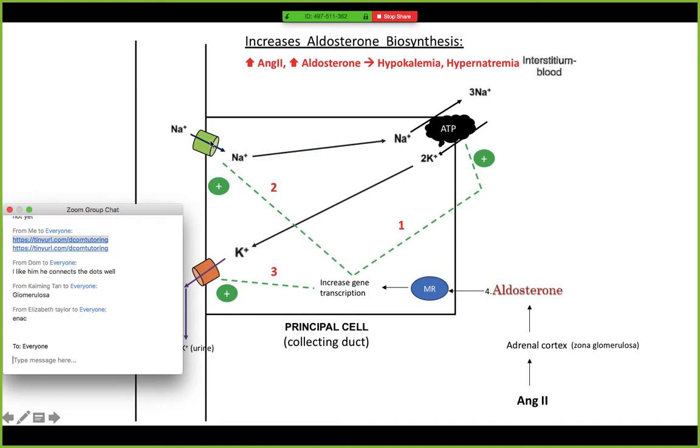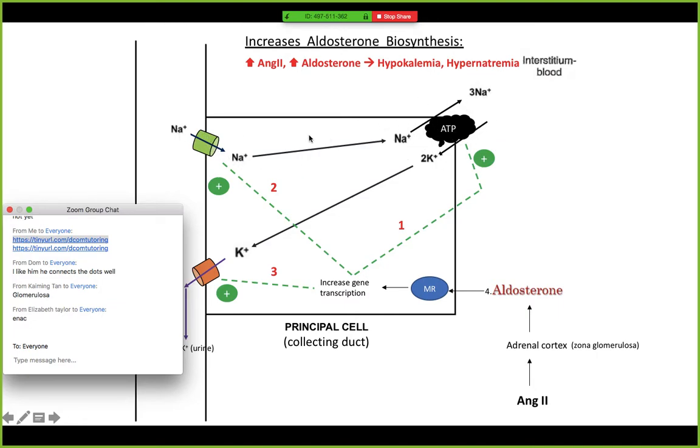So you have your ENaC channel over here on the side of the tubular lumen of the collecting duct. And this is going to increase the amount of sodium that enters the principal cells. The reason this is happening is because of the sodium-potassium ATPase over here on the basolateral membrane.